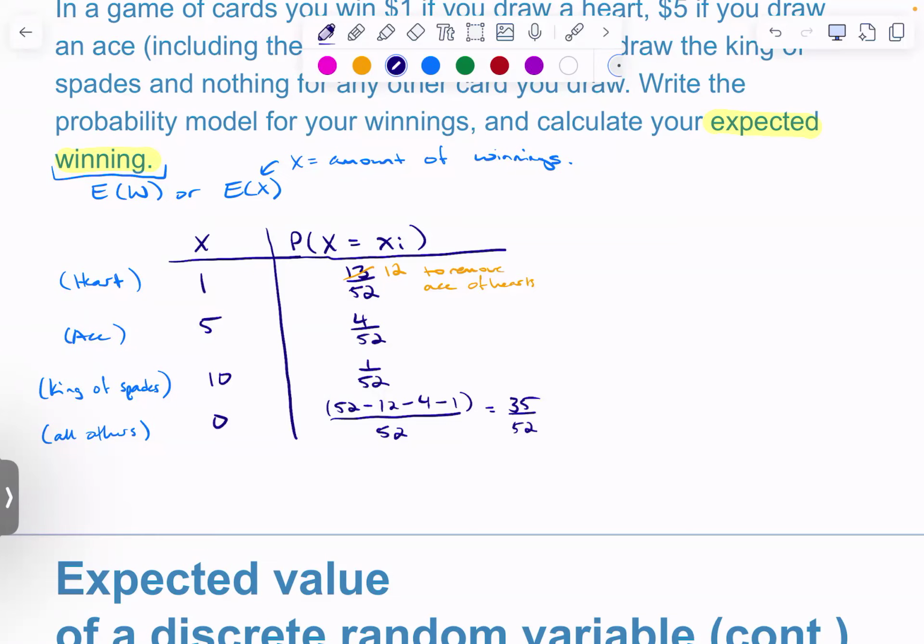Let me just see quickly if that makes a nice number. It does not. So these guys don't make nice numbers, and so I'm just going to keep them as fractions.